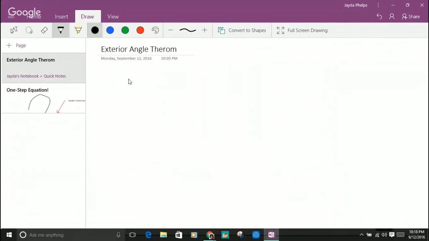So if you follow this triangle right here that I'm about to show you, you'll see that it's basically like a triangle, but some of it is left out. But also you want to keep it like a line.